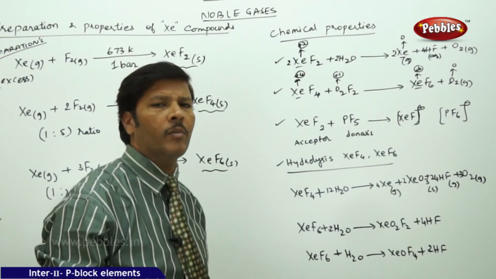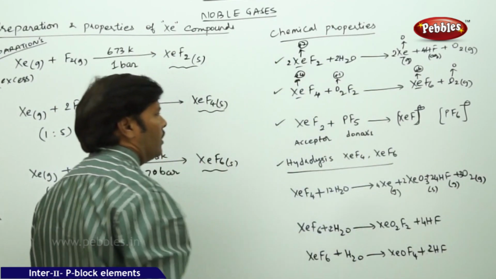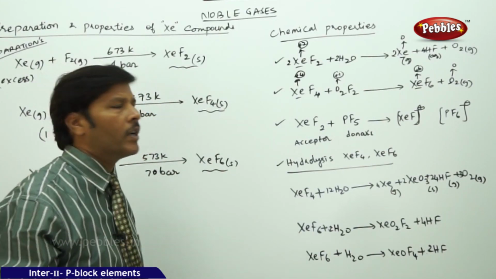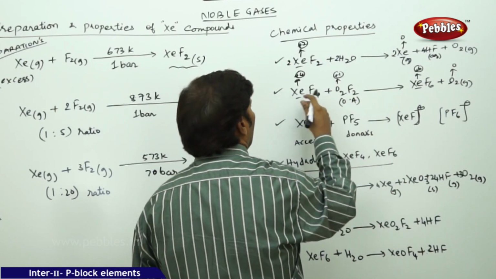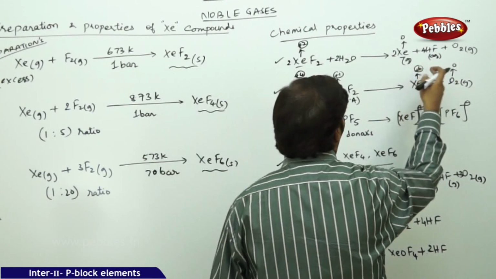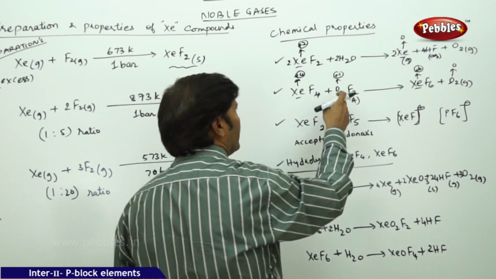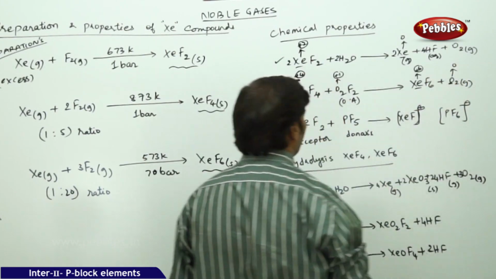The second one is a perfect example of a redox reaction. Of course, the first one also is a perfect example of a redox reaction. The dioxygen difluoride is acting as an oxidizing agent. It is oxidizing the xenon, which is in the +4 oxidation state, to xenon in the +6 oxidation state, and by itself it is getting reduced, because you can see that the oxygen oxidation number is 0.